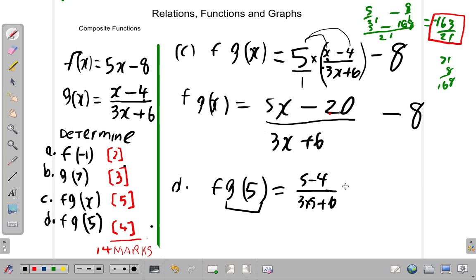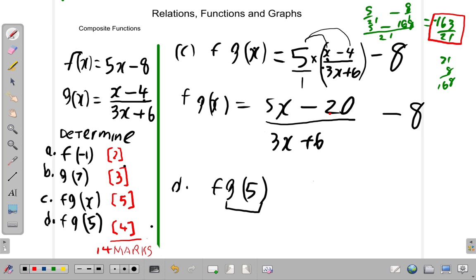So we have this part, and then f of that. But let's work it out step by step.